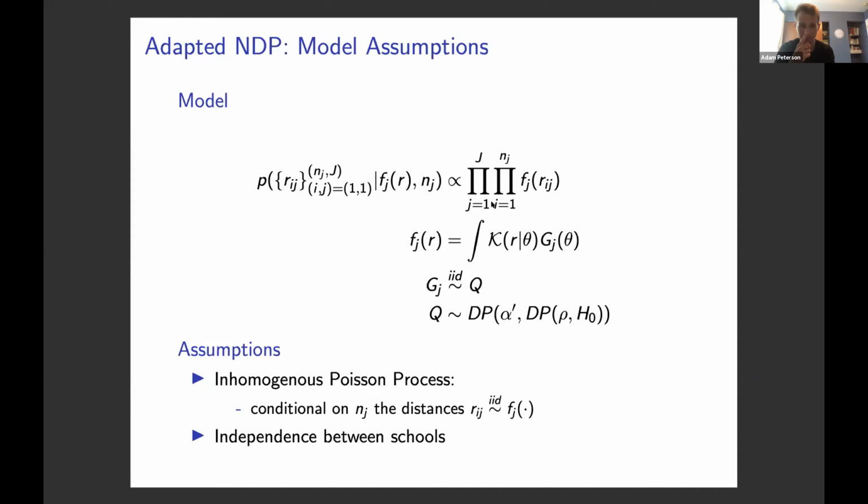So a follow-up question on that. When you're talking of spatial distances, would this methodology be applicable to other types of distances?